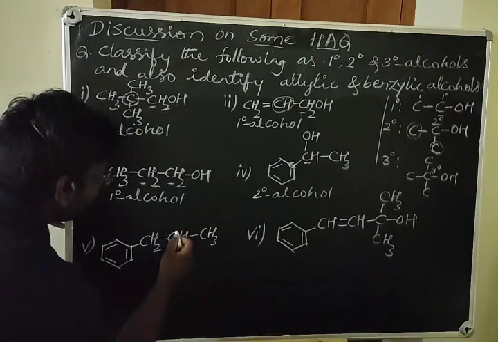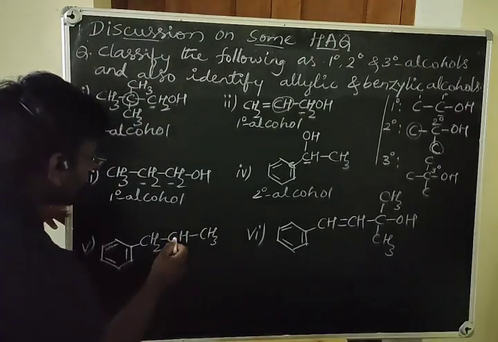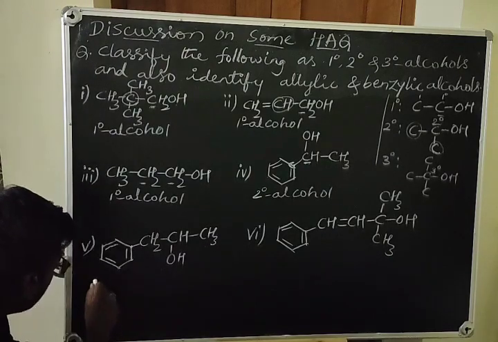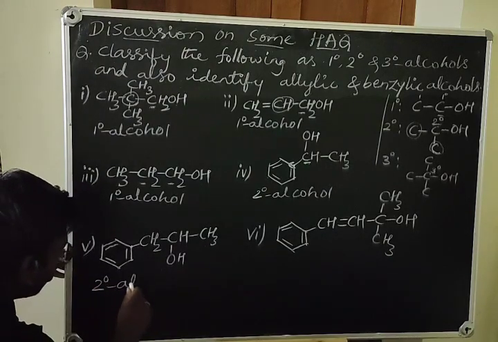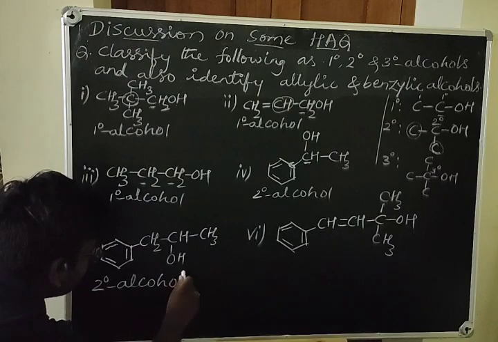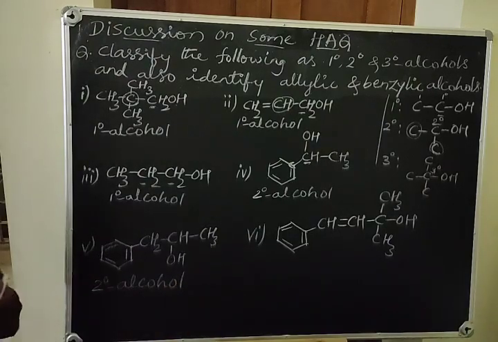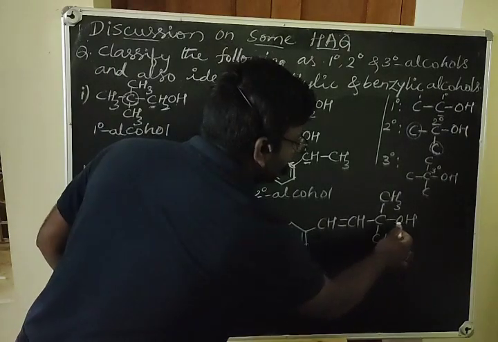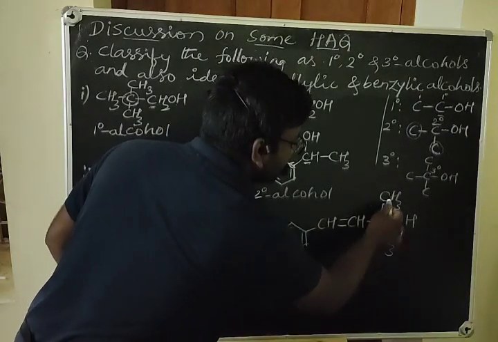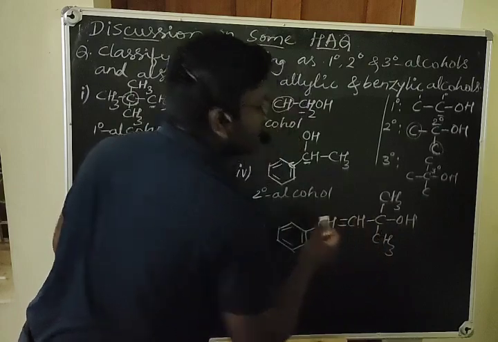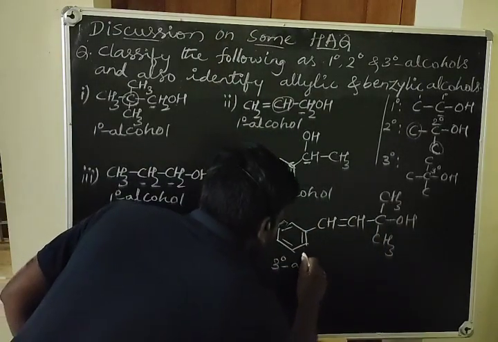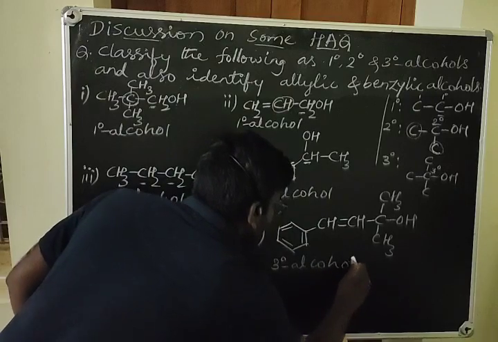Here the OH containing carbon is linked to two other carbon atoms. Hence it is also a secondary alcohol. Now the sixth compound: the OH containing carbon is linked directly to three other carbon atoms. Hence it is a tertiary alcohol.